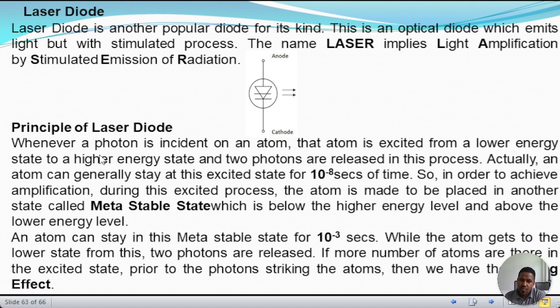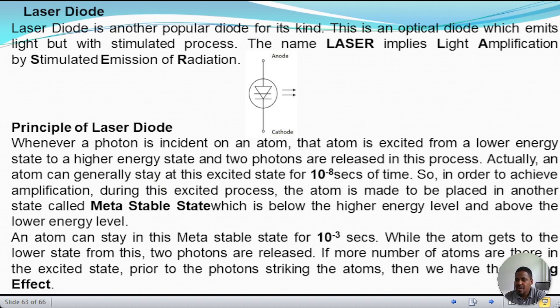Principle of the laser diode: whenever a photon is incident on an atom, that atom is excited from a lower energy state to a higher energy state, and two photons are released in this process. Actually, an atom can generally stay at this excited state for 10 raised to negative 8 seconds.